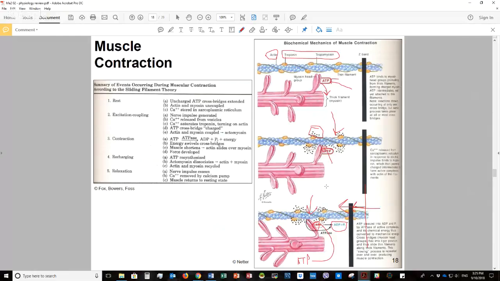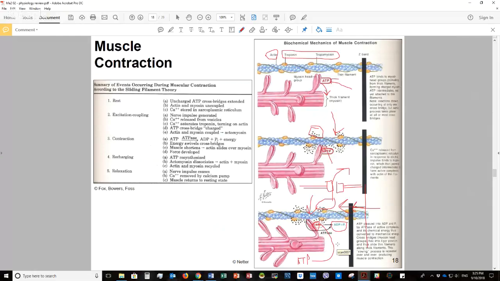If though that nerve stimulus has stopped, the impulse and the signal has stopped saying, hey, contract, then there are calcium pumps. And I'm just going to draw one real quick. Little calcium pumps that are grabbing all the calcium and taking it back out of the sarcomere.